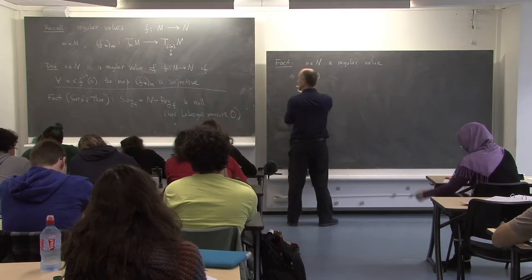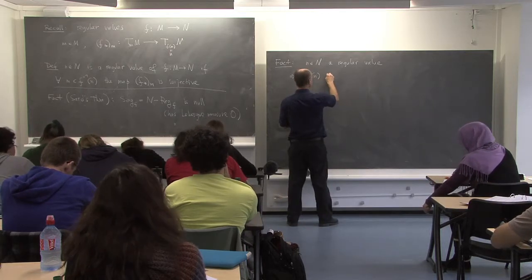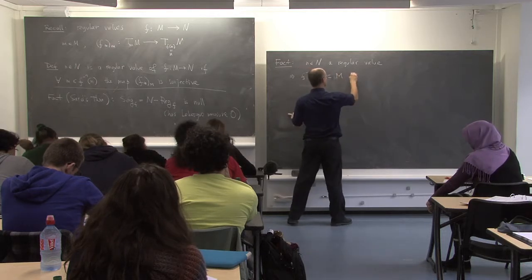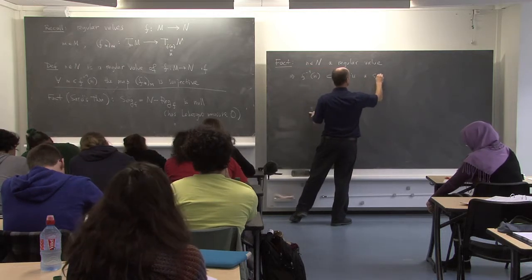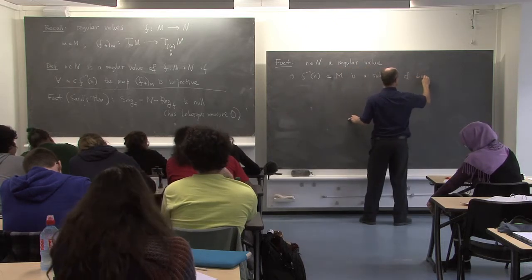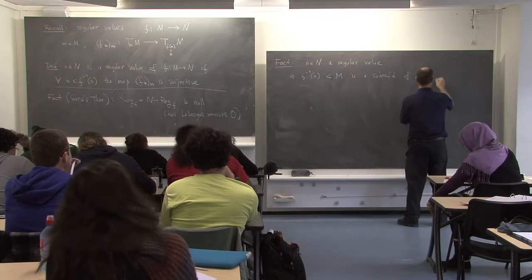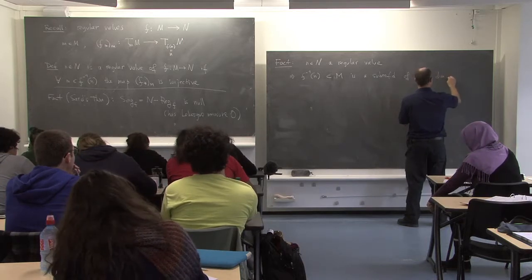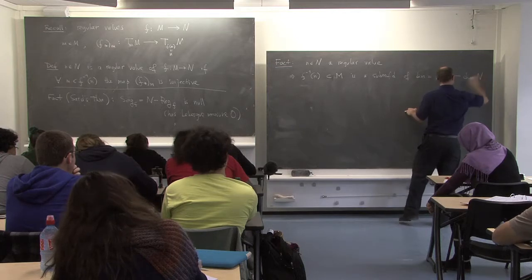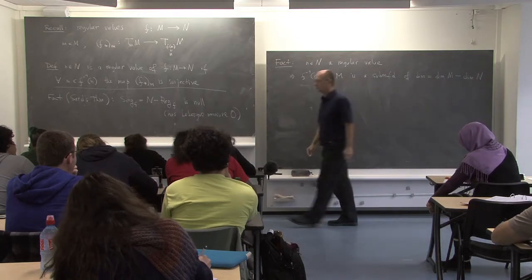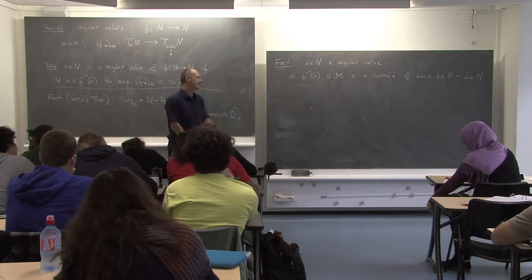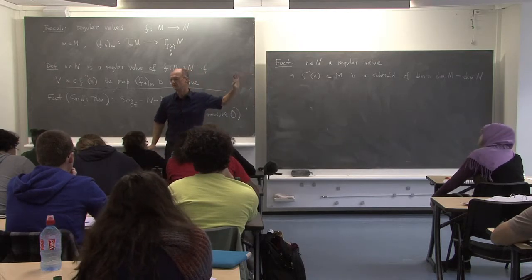Then the fiber, the level set, is a submanifold of dimension equal to the dimension of M minus the dimension of N. So here again, it depends a little bit.